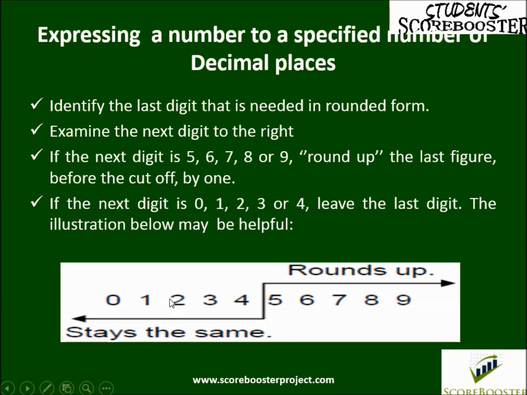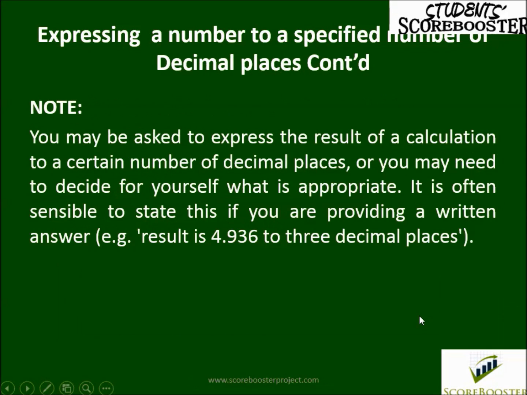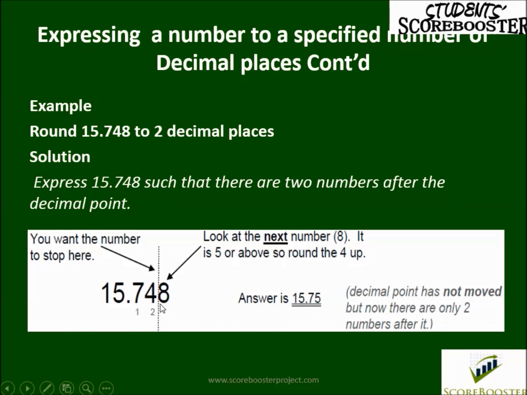Remember the illustration: if the next digit is 5 and above, then you round up. So 8 is greater than 5, so you add 1 to this 4 to make it 5. So you have 15.75. The decimal point remains in its position, and only the last digit has been rounded up by 1, because the 8 here is greater than 5.